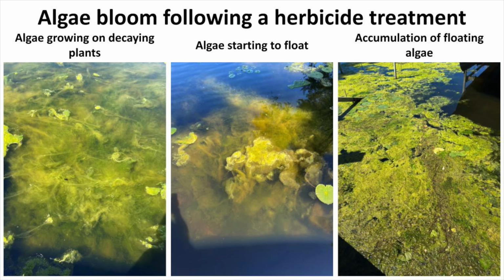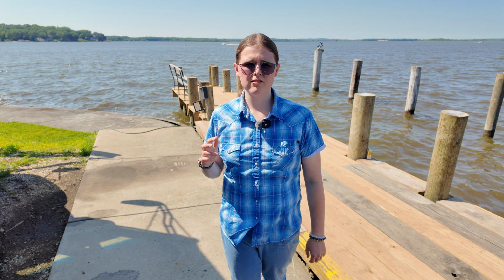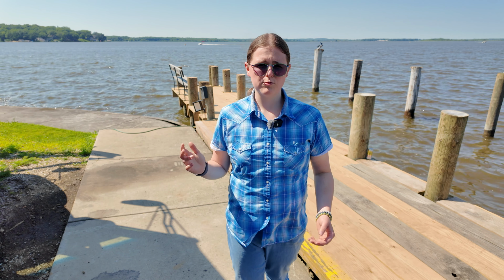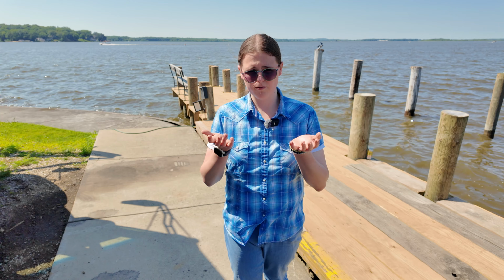Unlike aquatic plants, algae have a very short life cycle. They grow rapidly, die quickly, and decompose, releasing their nutrients back into the water where they can fuel yet another round of growth. This creates multiple cycles of growth, decay, and phosphorus recycling while also adding more organic material to the lake bottom, gradually increasing the sediment accumulation over time.